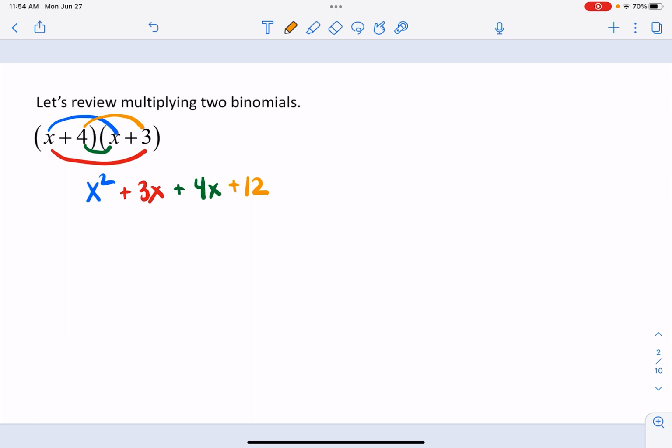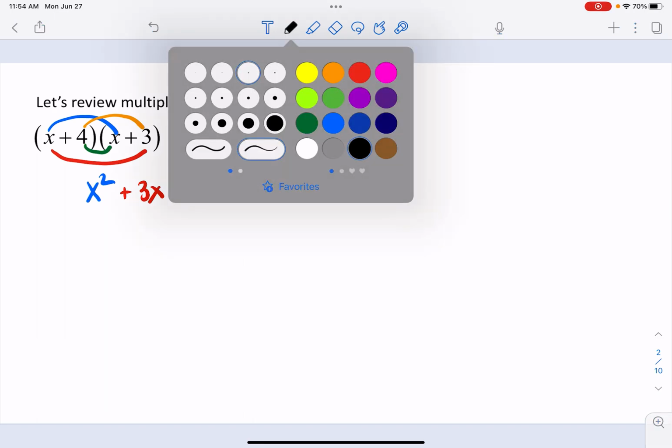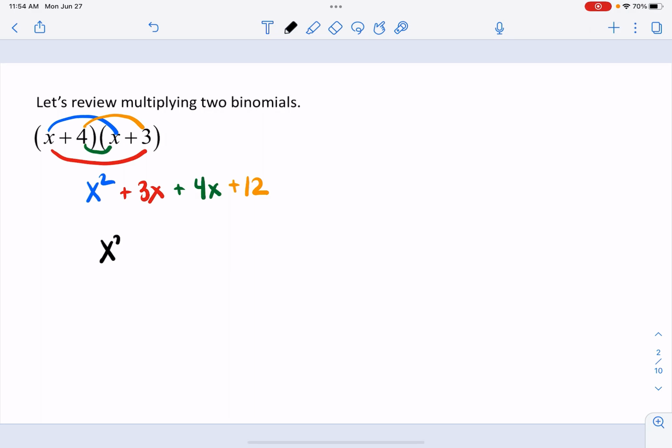Okay, so notice that when I simplify, the first term is the product of those. The middle term is the sum of 4 and 3. And the last term is the product, or the multiplication, of 4 and 3.